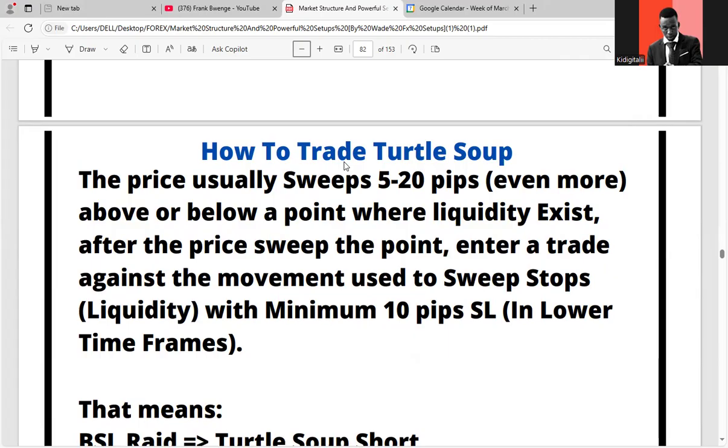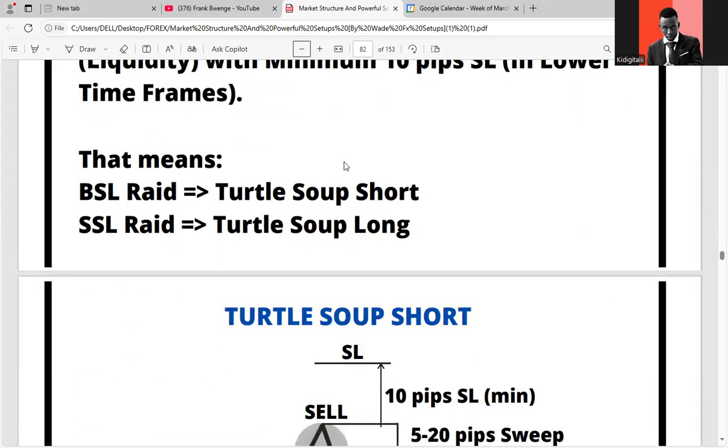After the price sweeps the point, enter a trade against the movement used to sweep stops or liquidity, with a minimum of 10 pips stop loss in lower time frames like 15 minutes and below. This is what we call the buy stop liquidity raid in turtle soup short. Let me show you here.